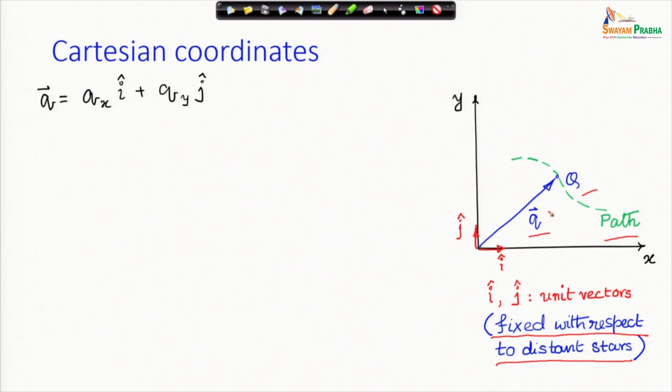So, vectors will be represented with this half arrow on top. Unit vectors will be represented by this caret sign or a hat sign. Therefore, the representation of this q vector is qx, the component along x axis, i cap plus component along y axis times j cap. So, it is a linear combination of two vectors, one is qx i cap and the other is qy j cap.